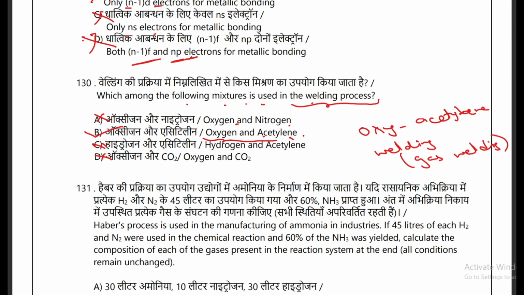The combination of oxygen and acetylene produces a very hot flame, reaching a temperature of 3500 degrees Celsius, which is ideal for melting metals and welding them together. So the correct option is B, which is oxygen and acetylene.